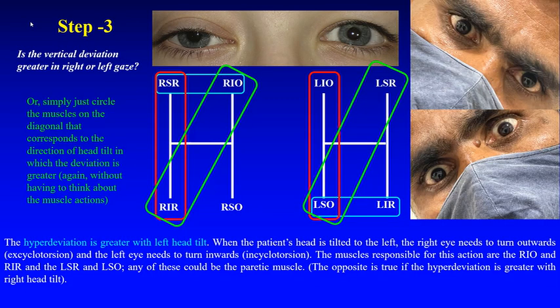The muscles responsible for this action are right inferior oblique and right inferior rectus, and left superior rectus and left superior oblique. Any of these muscles could be the paretic muscle. The opposite is true if the hyperdeviation is greater with the right head tilt. So we have encircled these muscles, that is the right inferior oblique and right inferior rectus, left superior rectus and left superior oblique with the green.